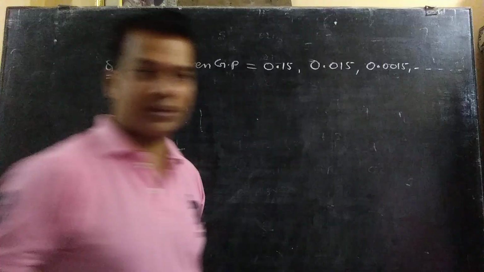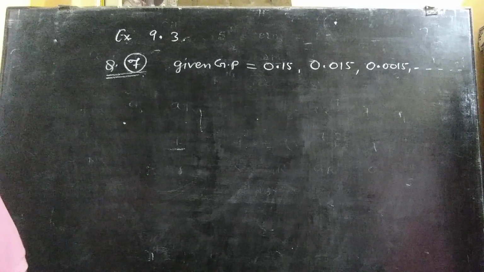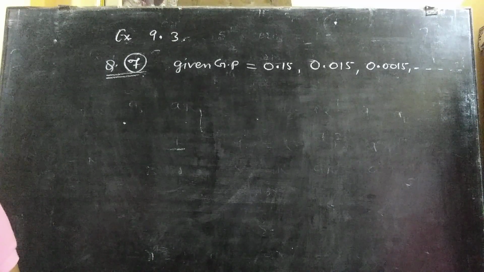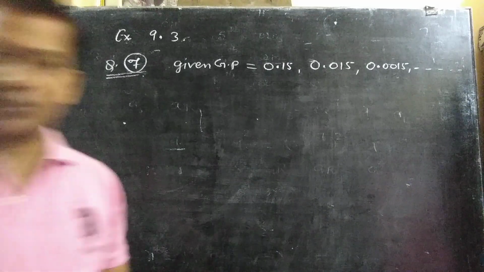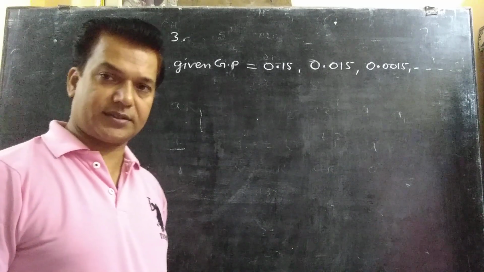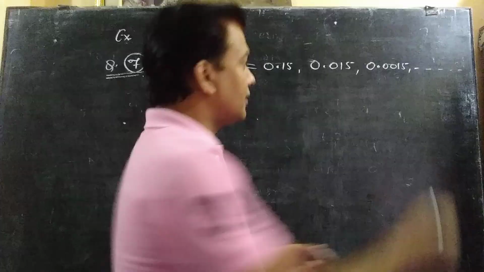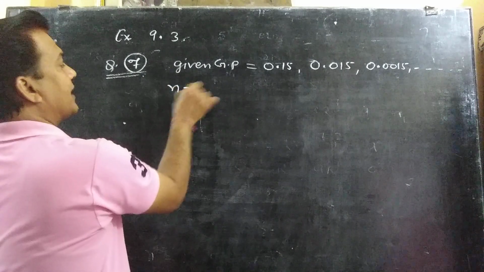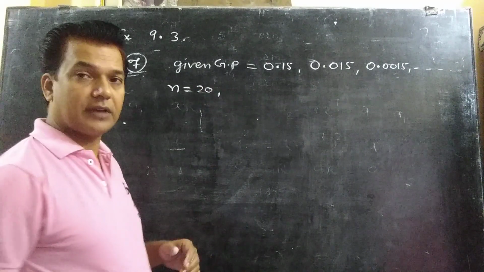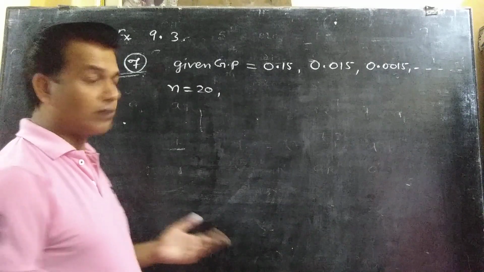This is our GP जो हमें दे रखी है। और we have to find out the sum of this GP for 20 terms. कितने टर्म्स का सम निकालना है, 20 का। So n is 20 here, S20 we have to find out.